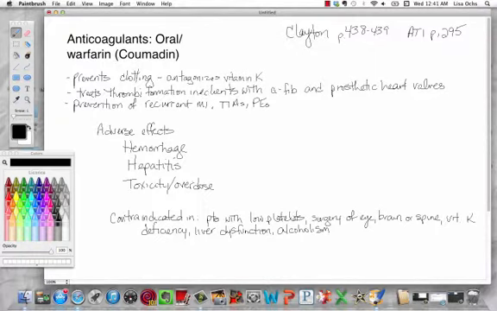So we give Coumadin or warfarin to patients who, for example, are at high risk for a thrombus or a clot, for example, with AFib or prosthetic heart valves, patients who maybe have a thrombus that caused an MI or a TIA, remember that's a mini stroke, or a pulmonary embolism where the clot has gone to their lungs.